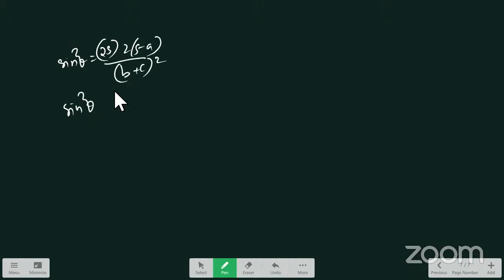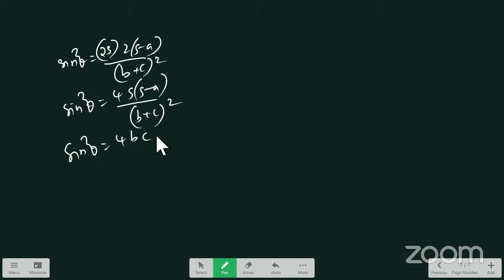Now sin square theta equal to 4 s into (s minus a) by (b plus c) whole square. So multiply and divide with bc.